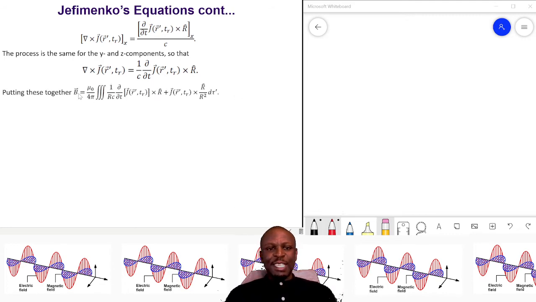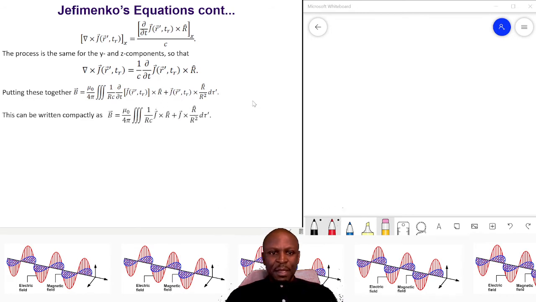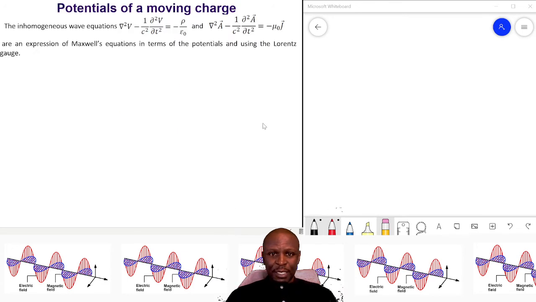Now putting things together, therefore the magnetic field is just given by this equation here. This can also be written in this fashion, because whenever I see the time derivative, I just want to write j dot. So this is what I'm going to have for the magnetic field.